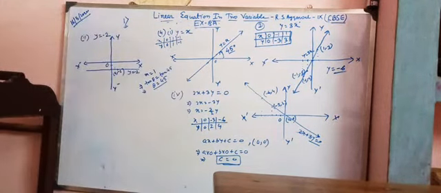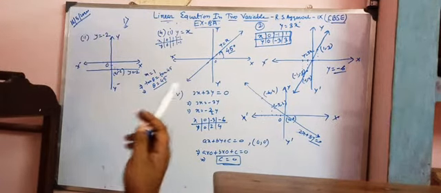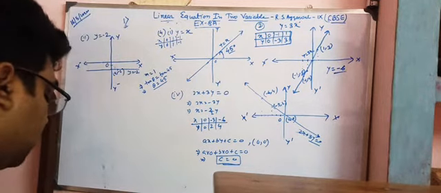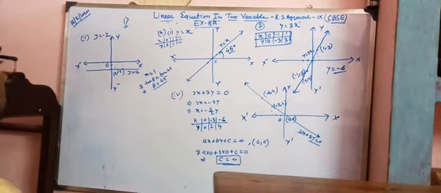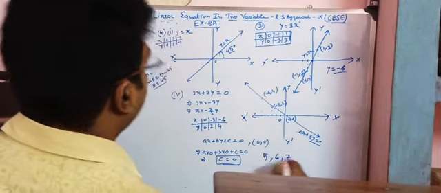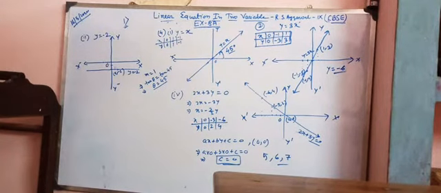I suggest to all the students and all my viewers who are aspirants of class 9 CBSE board, do questions number 5, 6, 7 of exercise 8A as your home assignment.